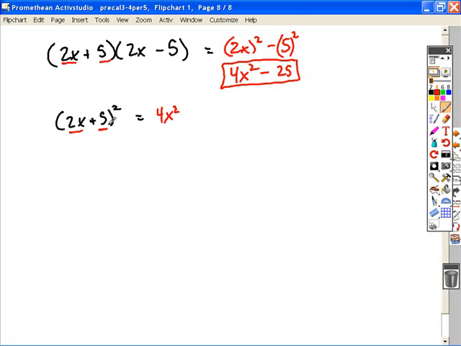So if you take 2x times 5, you get 10x. Double that, you get 20x. And then the last term of your expanded form is just the second term squared, so 5 squared, which is 25.